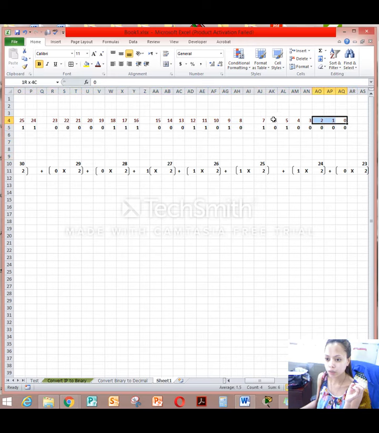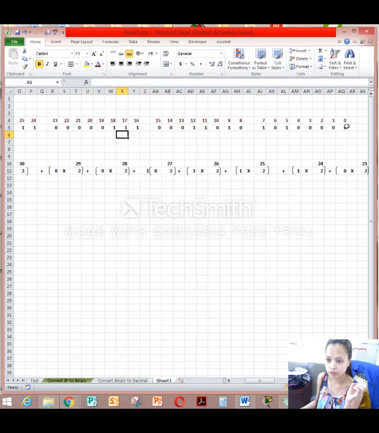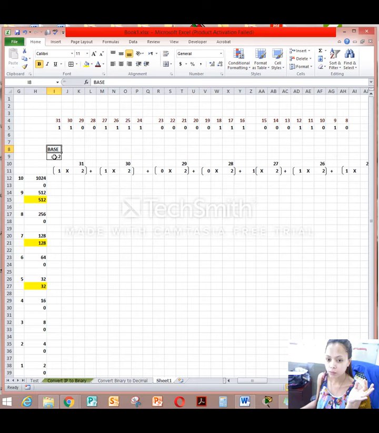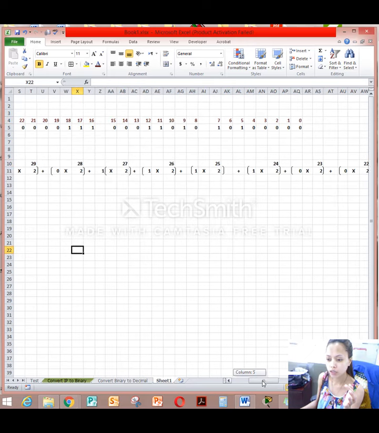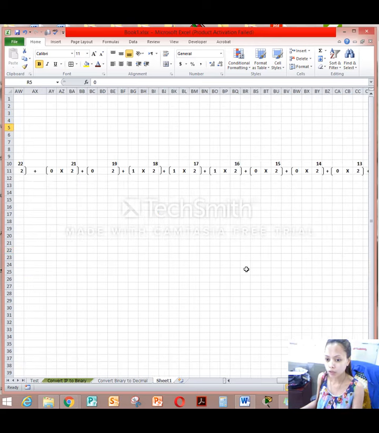So these are the corresponding numbers for the binary, as I've explained earlier, from 0 to 31st. So we always have a base 2. What I did was I placed it right here, 1 times 2, and then this is the corresponding digit, 31st. There you go. So on and so forth until the end of this line. So I did the same thing one by one up to the end of the line.